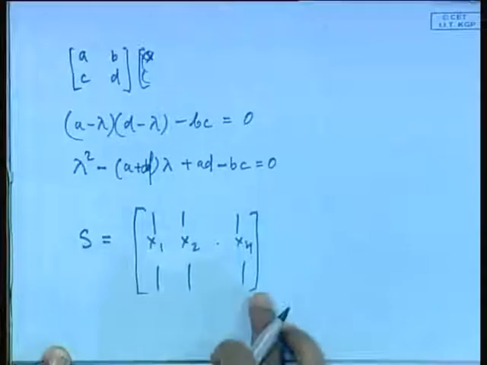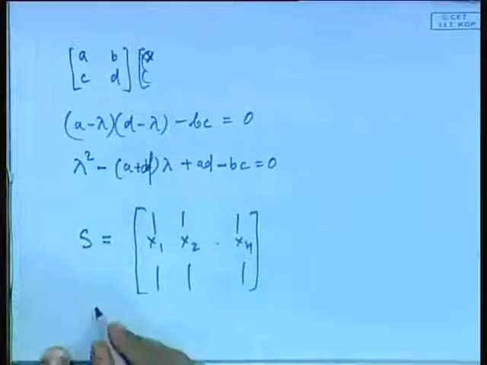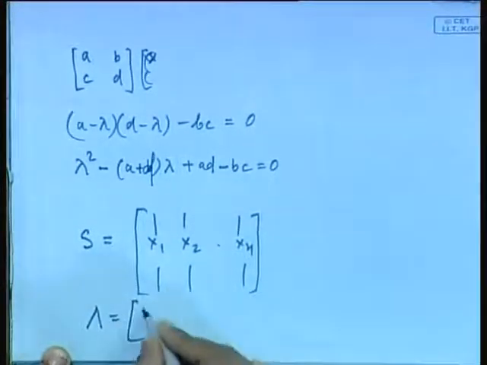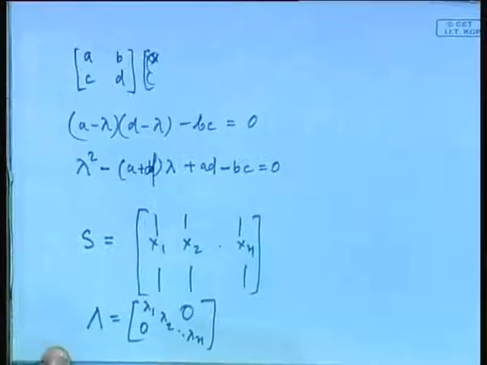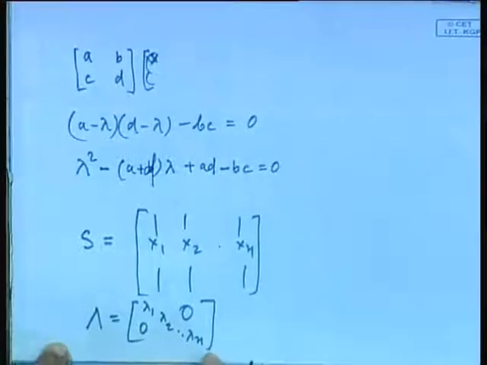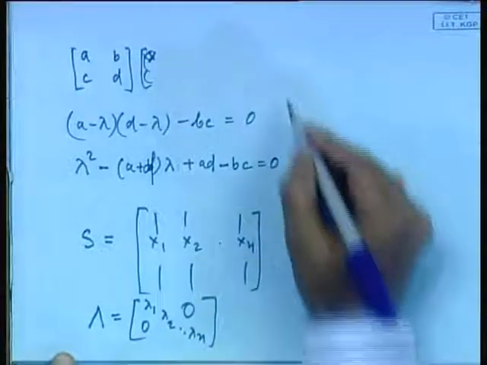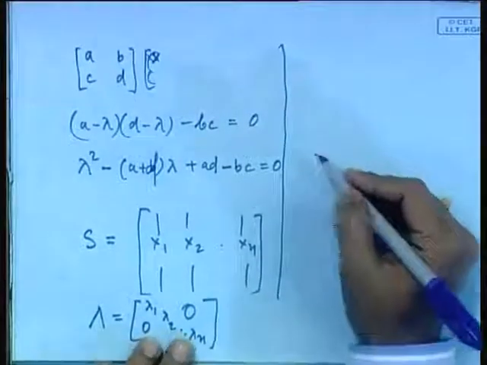And Lambda is a diagonal matrix where the diagonal elements are the eigenvalues, and the rest are all 0. So, can you show that this holds? This is also again very straightforward.